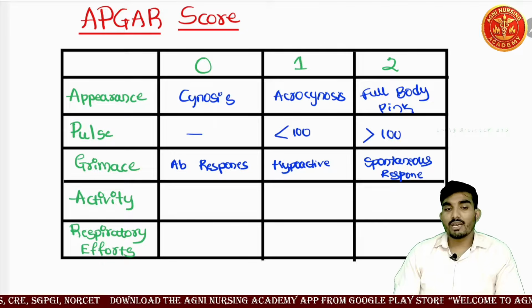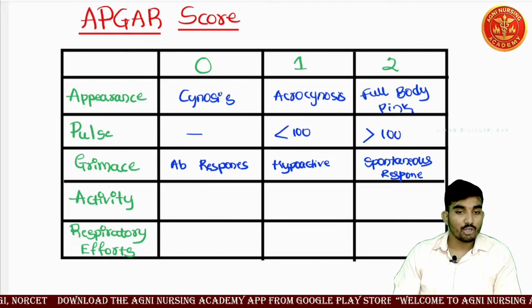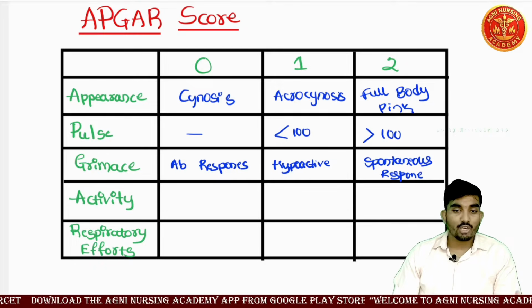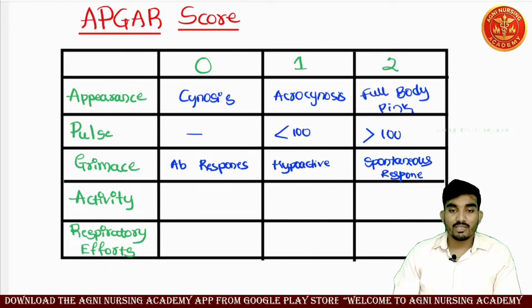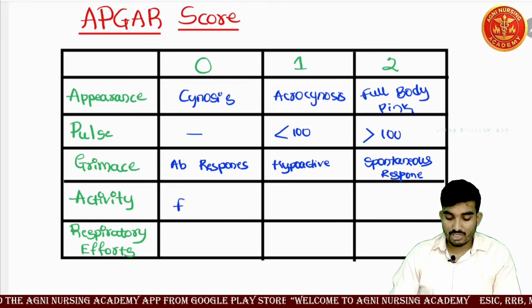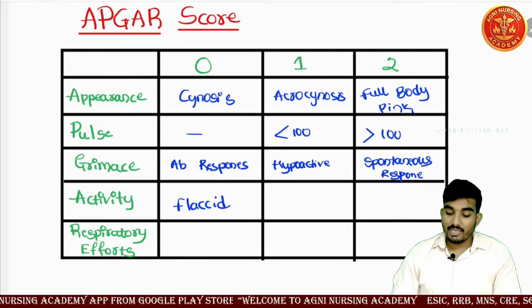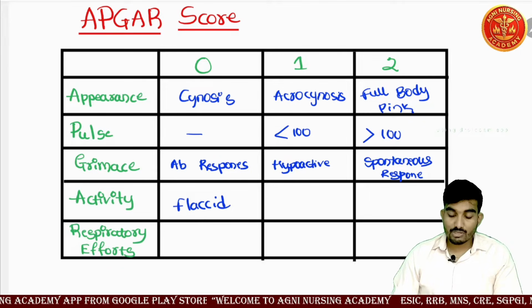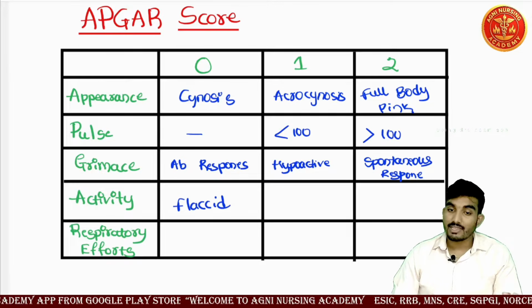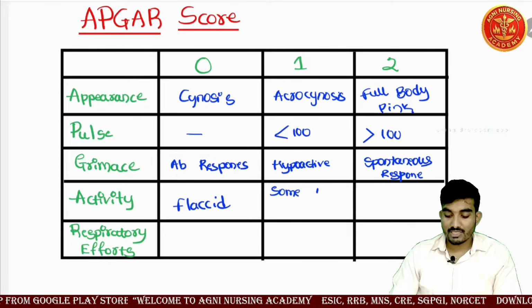Next, we will assess the activity of the child. In the activity, we will assess the muscle tone of the child. If the child is not doing any movement, the child's muscles are flaccid, then we will give the score 0, flaccid muscle. And if the child is giving some flexion of extremities, at that time we will give the score 1.